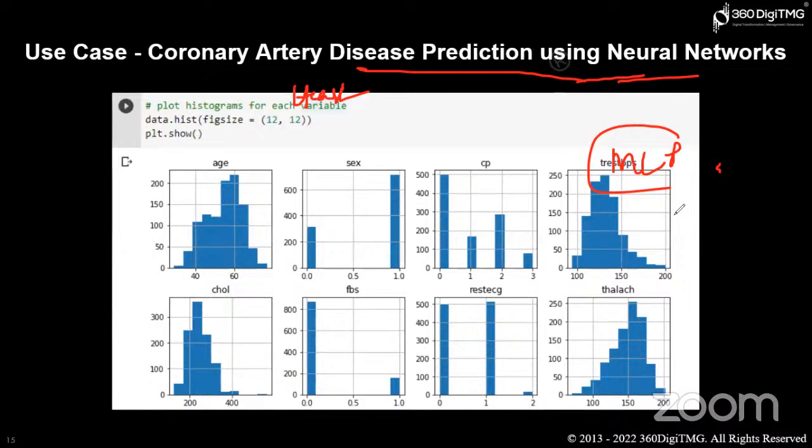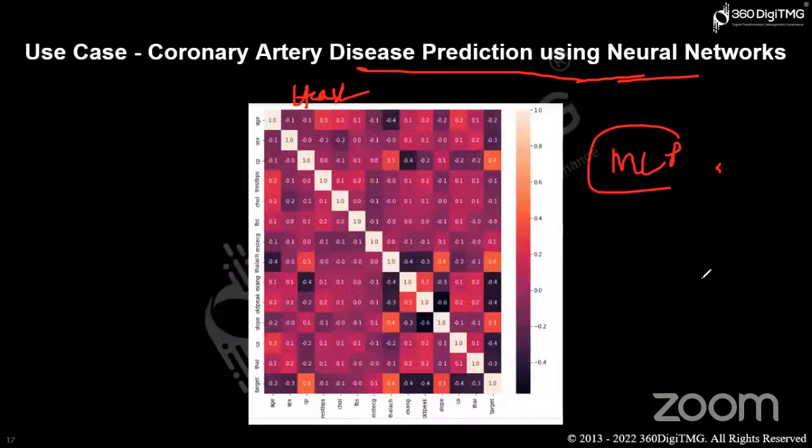Here it is kind of normal data, but not completely. And here we have slightly right skewed data, and cholesterol will also be slightly right skewed. And here FBS, we don't even have data. In terms of thalach, we'll be having a better kind of normal data. We'll see what exactly these are.